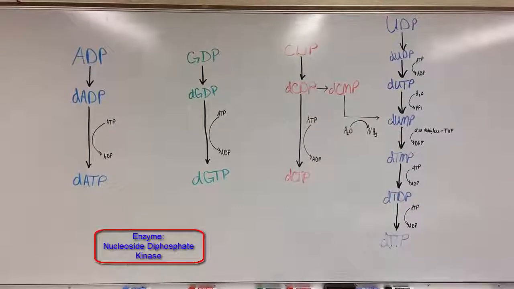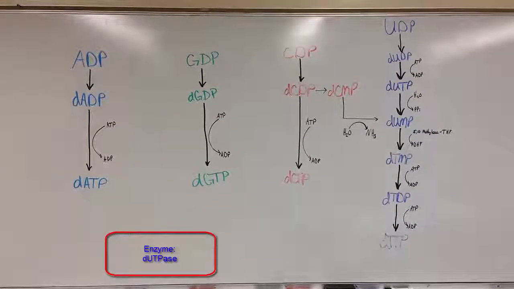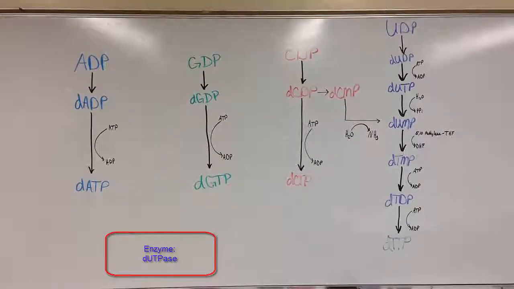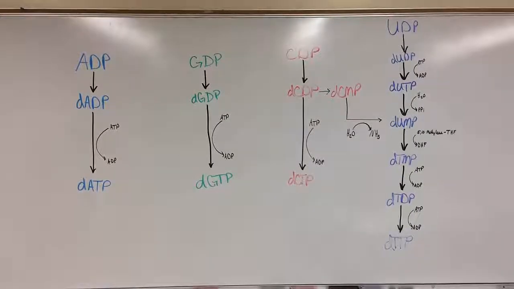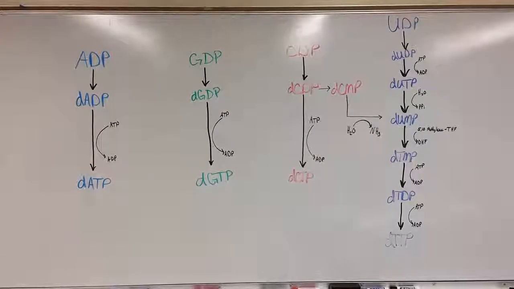That is an enzyme, along with deoxyuridine triphosphatase, which is an enzyme to help minimize the accumulation of uracil in your cell DNA.